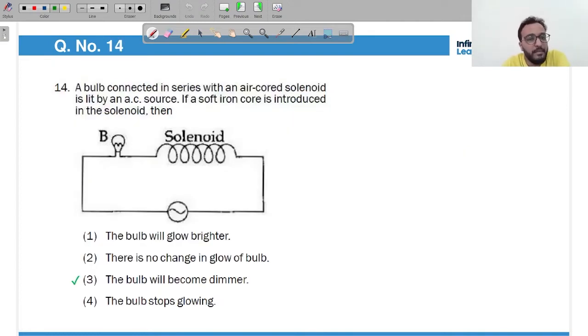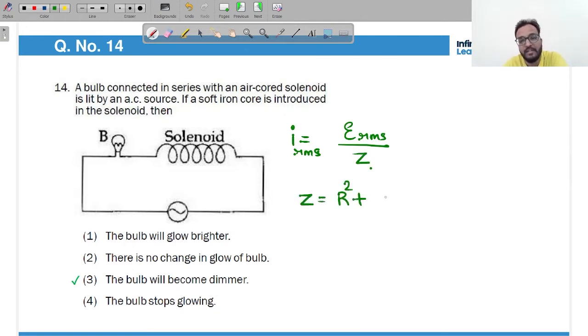Question number 14. A bulb connected in series with an air core solenoid is lit by an AC source. Okay, see, the IRMS value of the current is ERMS upon Z, and Z here is under root R square plus XL square.